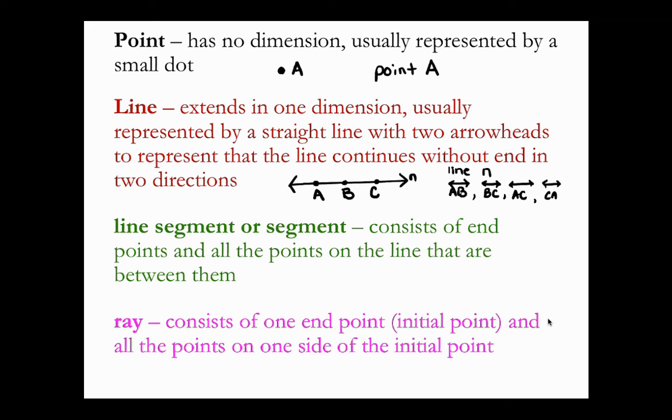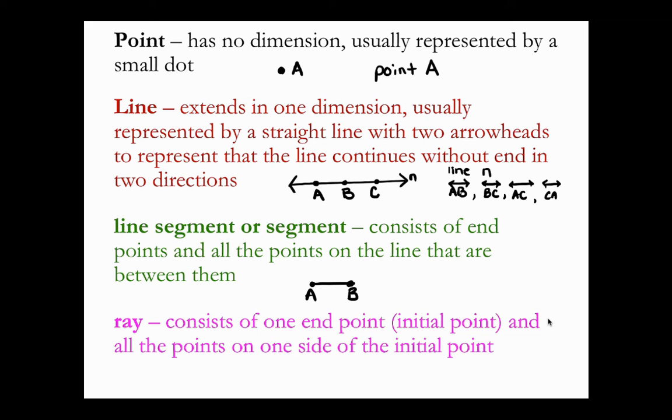The next one is a line segment or just a segment. This is actually a piece of a line. So we're going to cut out a piece of our previous line. It consists of endpoints. So we have a definite start and we have a definite stop with nothing in between. So a line segment is a piece of a line and it has 2 endpoints.